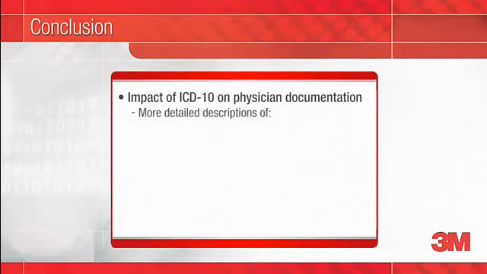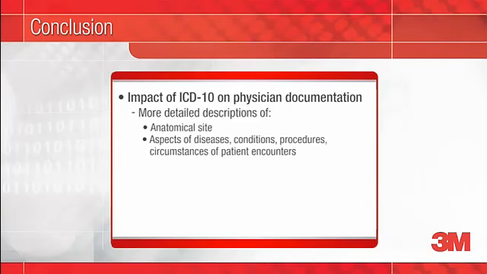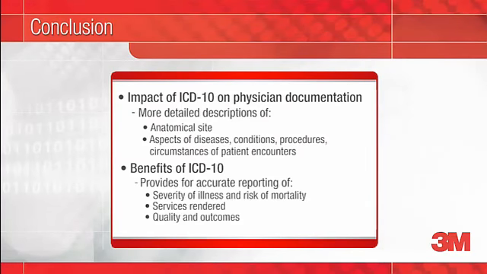ICD-10 requires more detailed descriptions in your documentation of anatomical site and aspects of a disease, condition, procedure, and circumstances of patient encounters. The information generated from ICD-10 codes will result in a more accurate picture of your patients, their severity of illness, risk of mortality, and the services rendered.